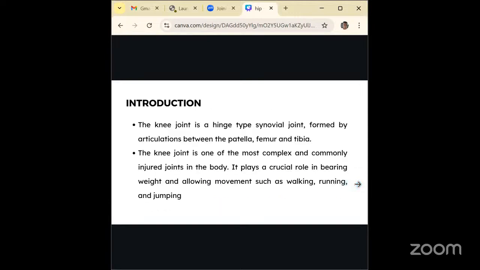Remember that we said the hip joint is ball and socket, but this knee joint is hinge. Hinge means that it allows movement in just one direction, okay? Just forward and back.